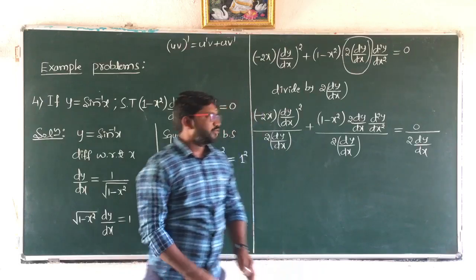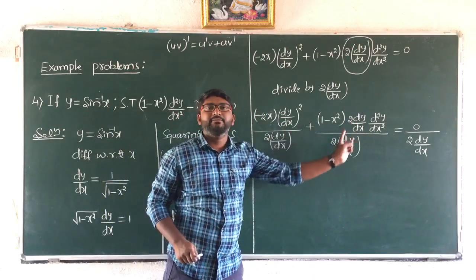So is that clear? So both the sides we are dividing by the same term, that is 2 times dy by dx.